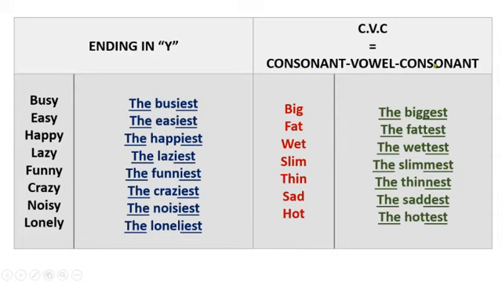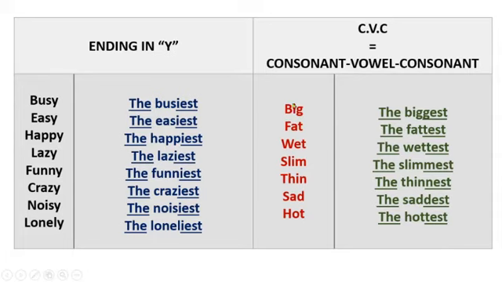Now, what happens with CVC, consonant, vowel, consonant, adjectives? We have, for example, big, fat, wet, slim, thin, sad, and hot. All of them end with the same order, CVC. That's why we have to repeat the last consonant and add the ending est. For example, we have the adjective big.